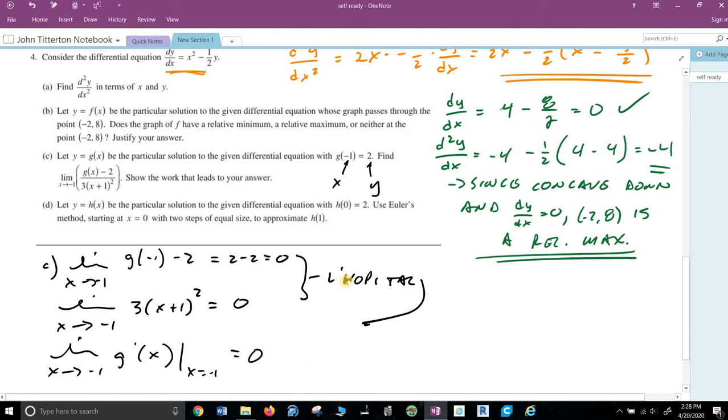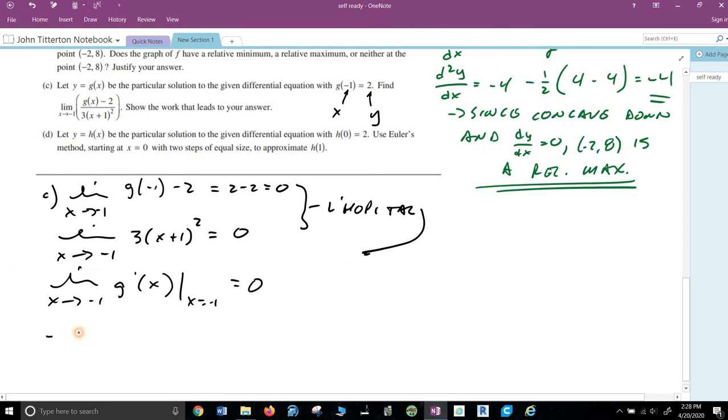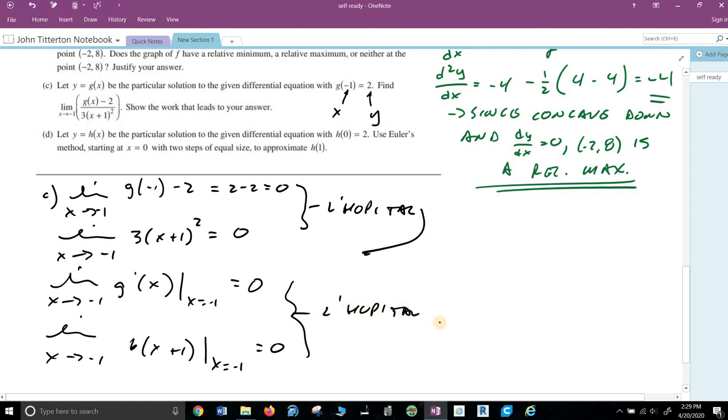And then the derivative of the bottom, as x approaches -1, is 6 times (x plus 1), at x equals -1, also 0. L'Hopital again. I am going to run out of space, so I'll bring it down here.